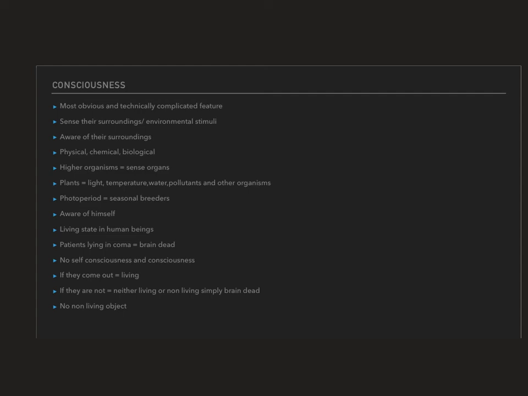Plants also respond to light, temperature, water, pollutants, and other organisms. Some living organisms show response to the duration of light. We can say that is photoperiod. So those organisms are seasonal breeders. In them, the response is a change in reproductive behavior. They can reproduce in specific seasons. Understood?